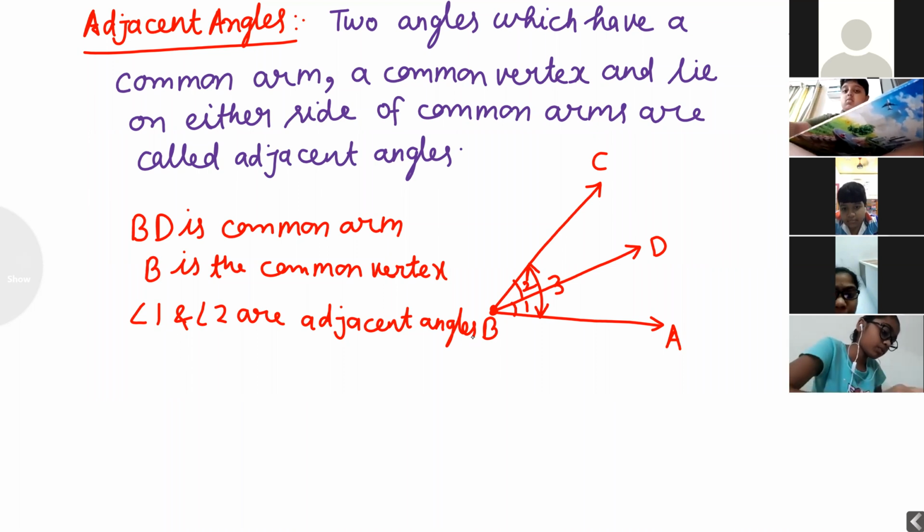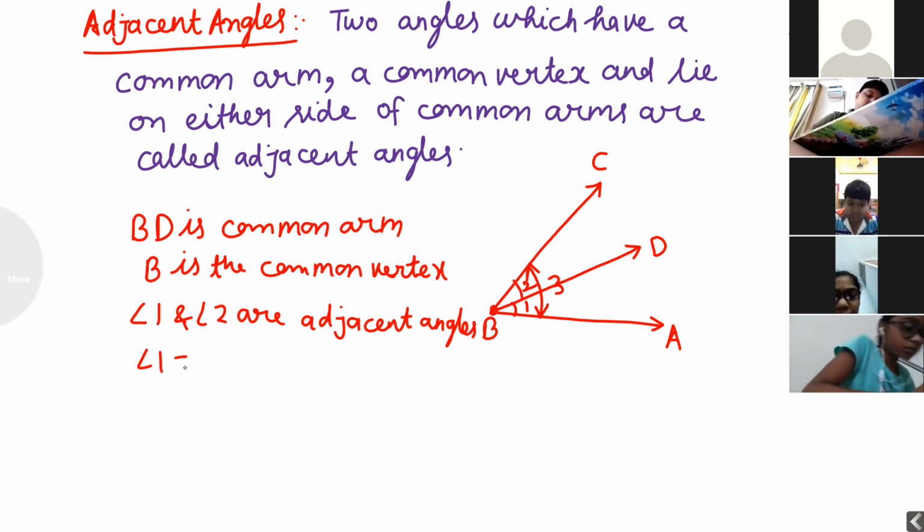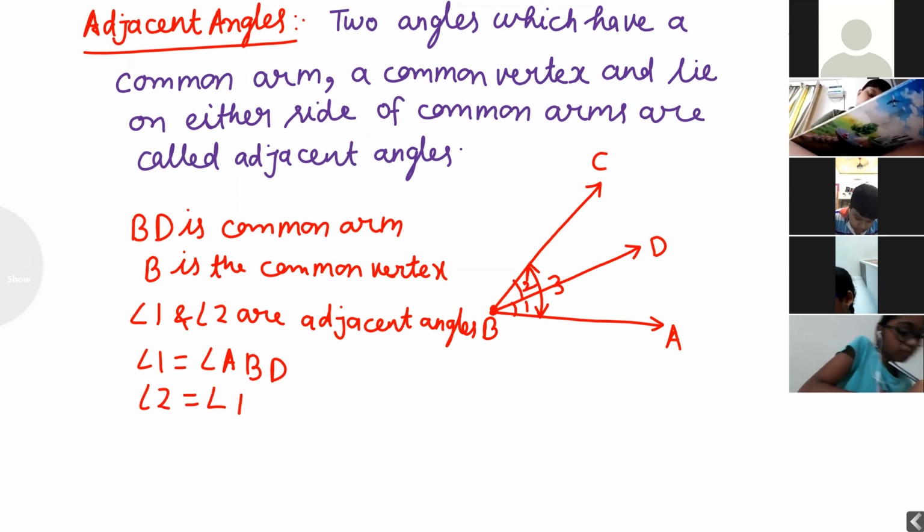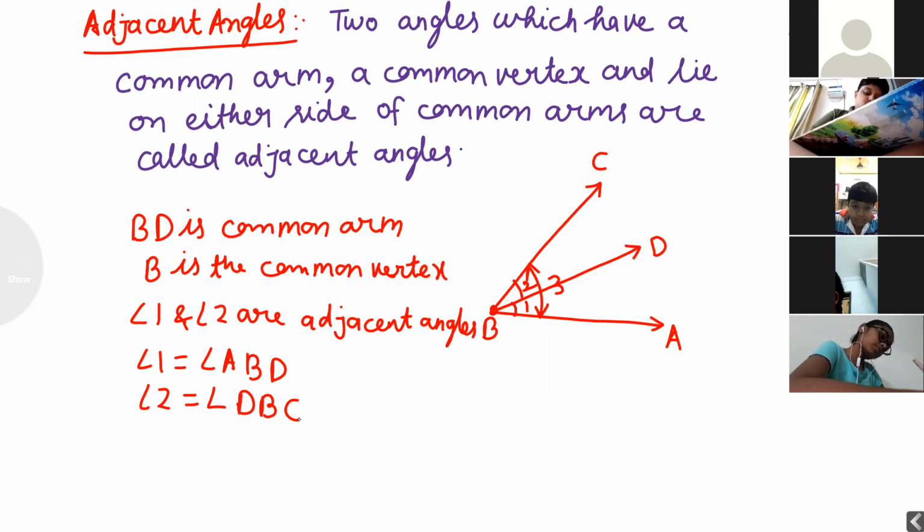Angle 1 we can say is angle ABD, angle 2 is angle DBC. You are observing, students, here B is the common vertex.